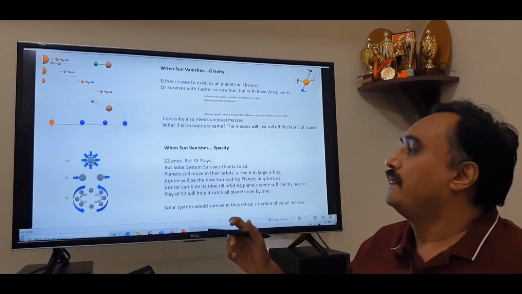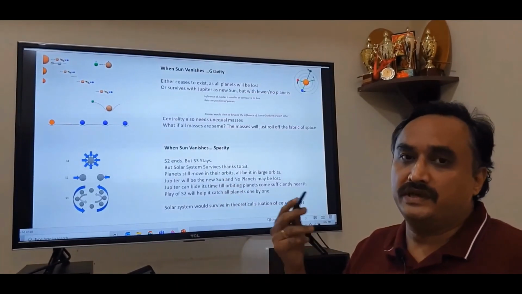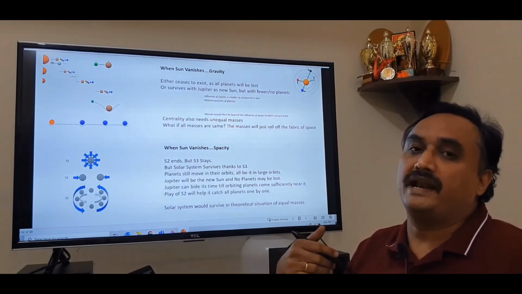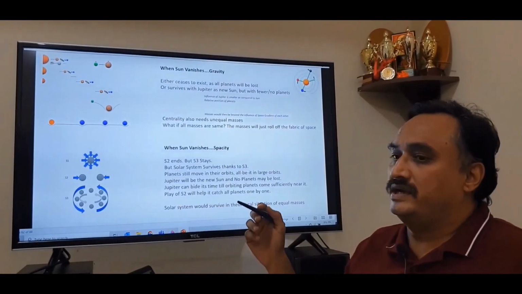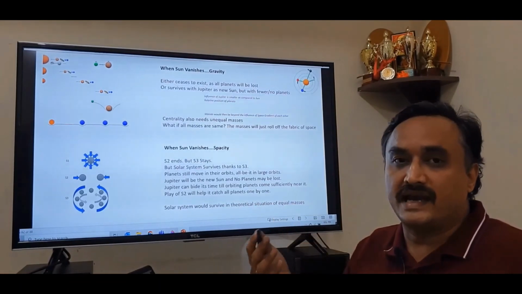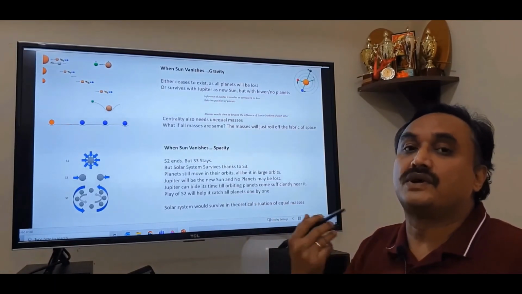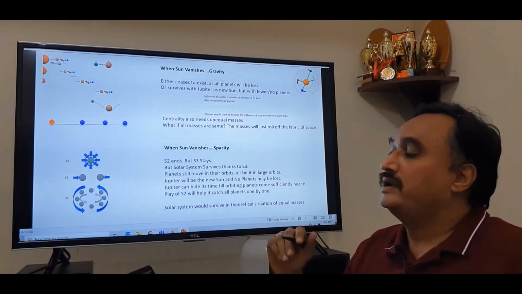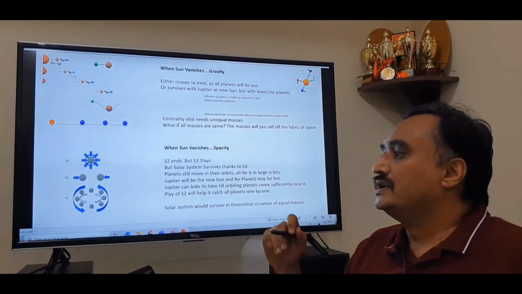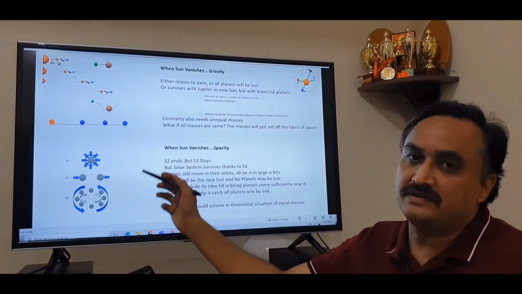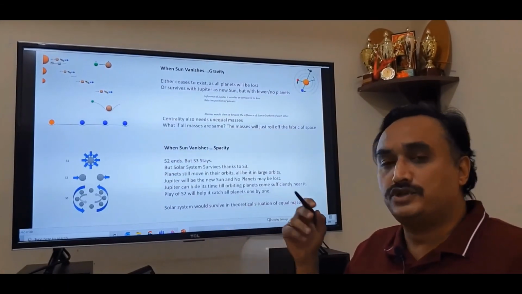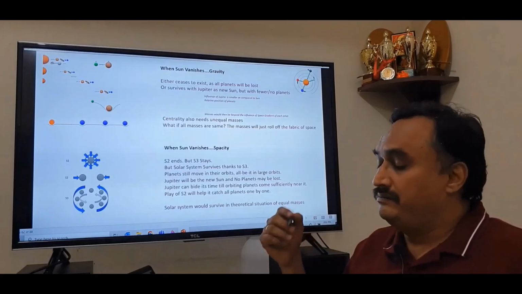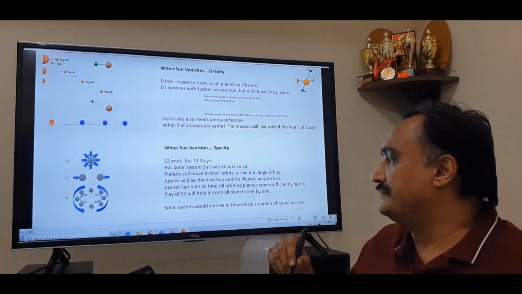And now Jupiter will also be the new sun, but it has a better chance of retaining the planets because it can bide its time, wait for all those planets to come near it and then catch them in its influence by playing out S2. So there is a chance that the solar system may still exist with Jupiter as the new center and the majority of the planets being in the system.